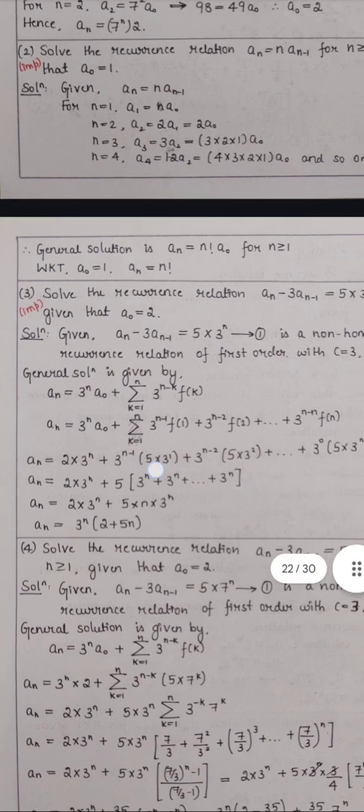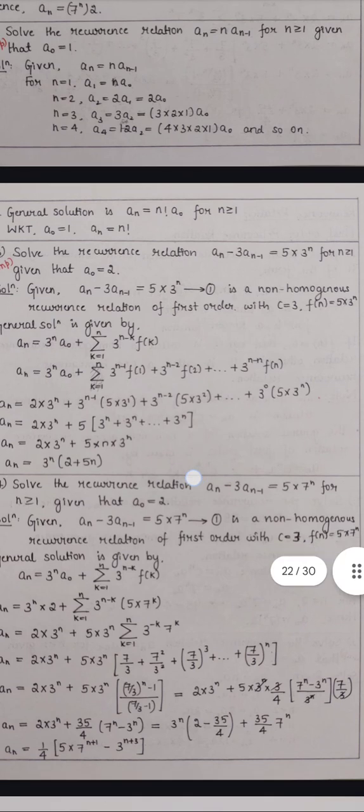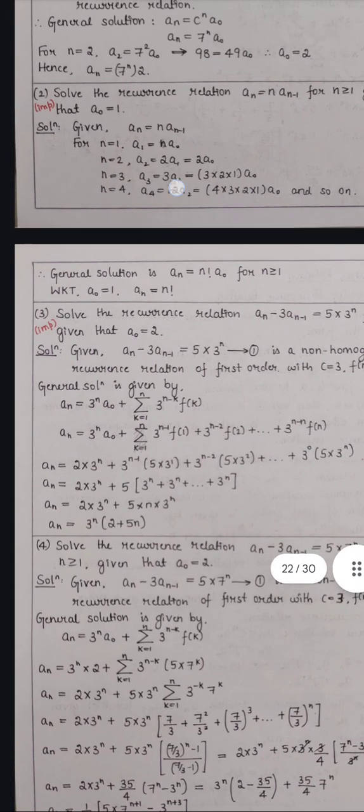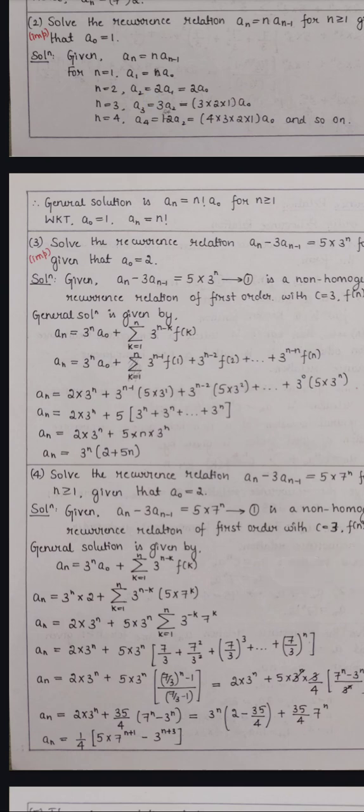Solve the recurrence relation a_n minus 3 a_{n-1} equals 5 into 3^n for n greater than or equals to 1, given that a_0 is 3.